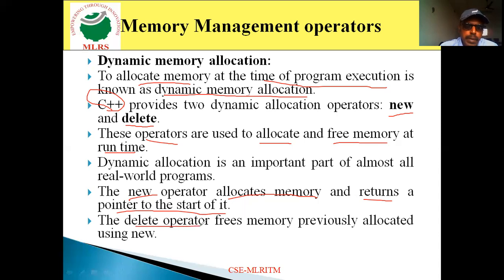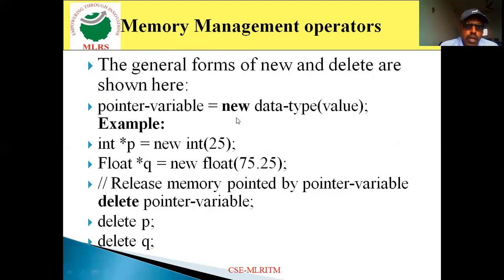And the delete operator. This delete operator is used to release or free the memory which was allocated earlier by means of the new operator. So these new and delete operators are used to allocate and deallocate the memory dynamically. Now, how are we going to use these new and delete operators? Look at this particular one.